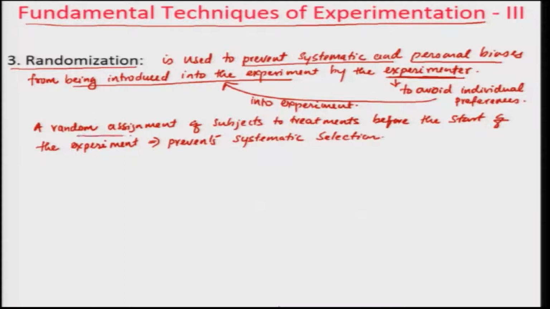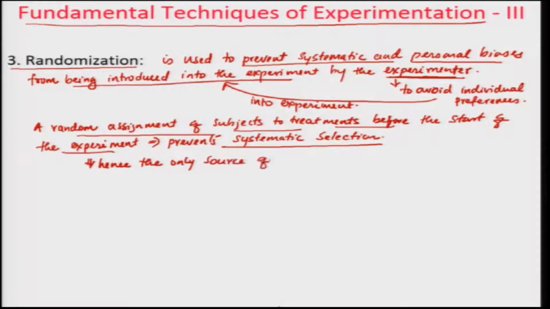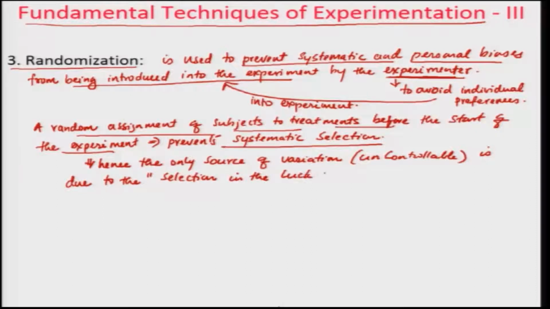If we choose the treatments and assign subjects ourselves before we begin the experiment, then systematic selection creeps in. With randomization, the only source of variation, the uncontrollable source of variation, is due to the luck of the draw, the selection.